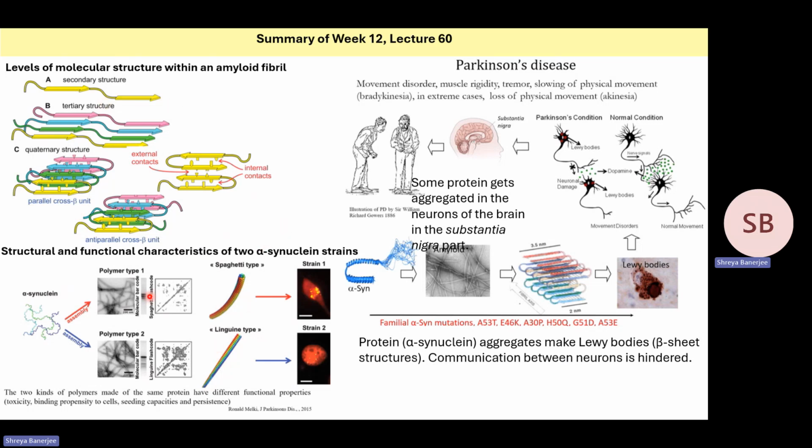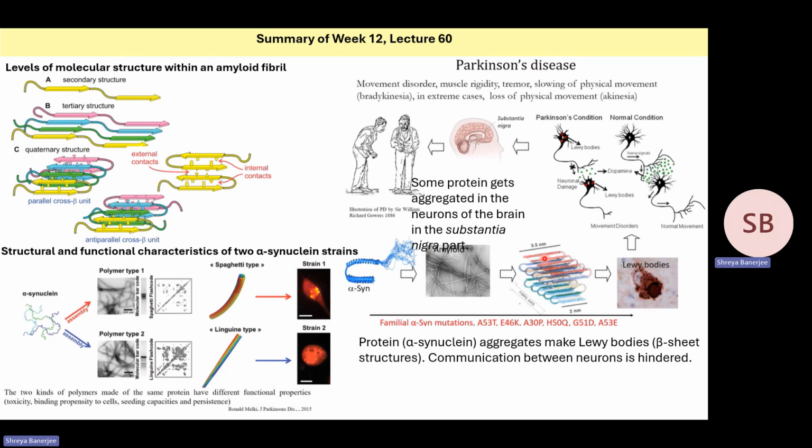Now, due to the formation of this kind of aggregates, one of the common diseases that happens is Parkinson's disease. What happens here is that in the neurons of the brain, in the substantia nigra part, the protein gets aggregated. Due to aggregation of this protein, something called a Lewy body, shown here, is made, which is made up mostly of beta sheet structure.